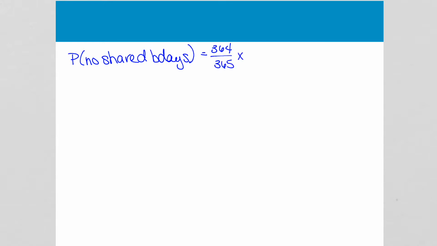This is from the previous section. Then the probability of a second non-shared birthday would be 363 out of 365. The probability of a third non-shared birthday would be 362 out of 365.